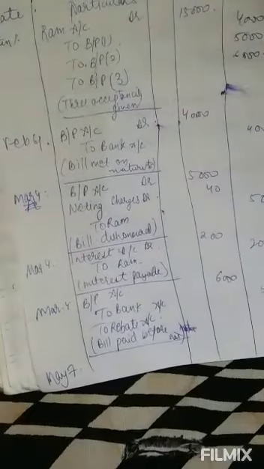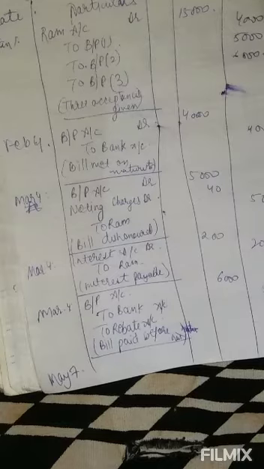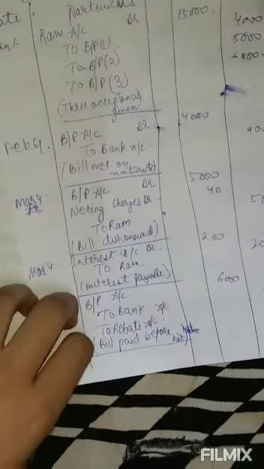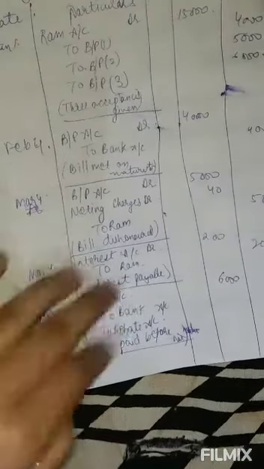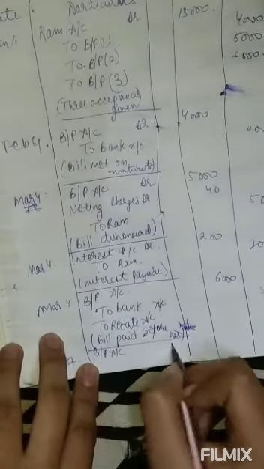After this, one last entry you will write, that is of May 7. You will not write an entry for May 4. Why? Because that May 4 entry, where the bill was given for collection to the bank, is by Ram. There is no role of Mohan in that. So no entry has to be mentioned for that in the journal of Mohan. We will just write that he has paid the amount. So BP has been cancelled out, BP account debit.